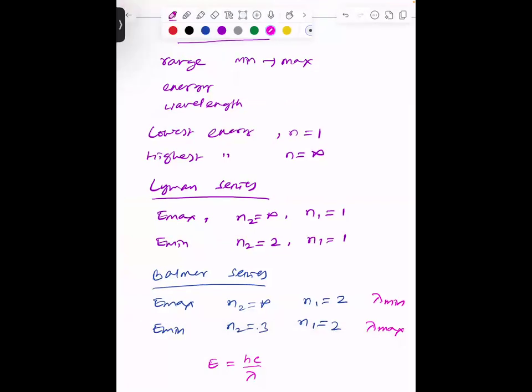Take 2 minutes and quickly note down. After this, we'll discuss some questions based on hydrogen spectra.